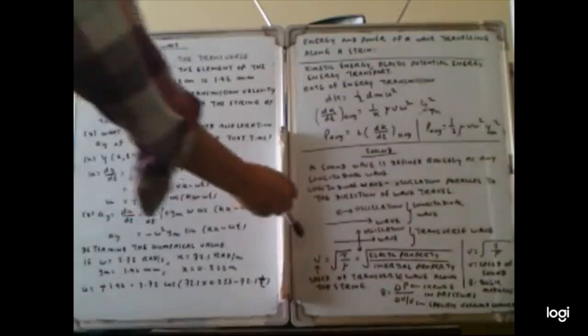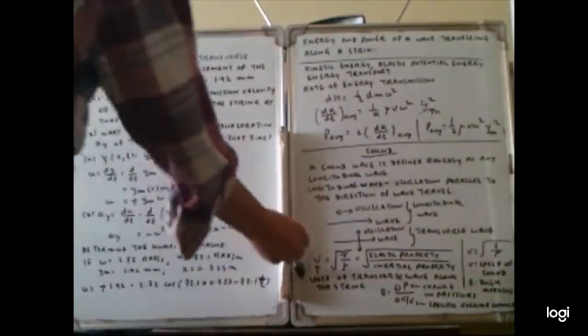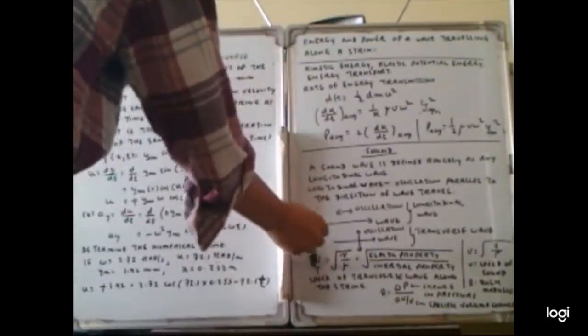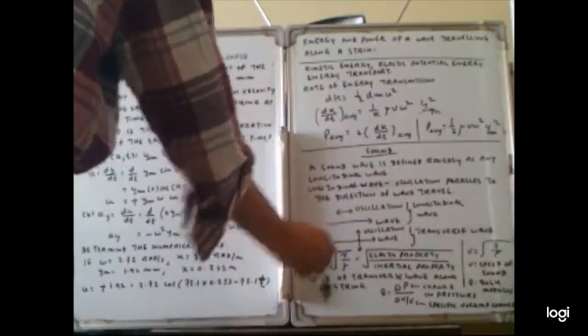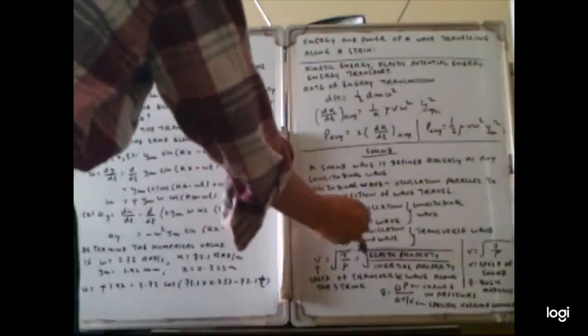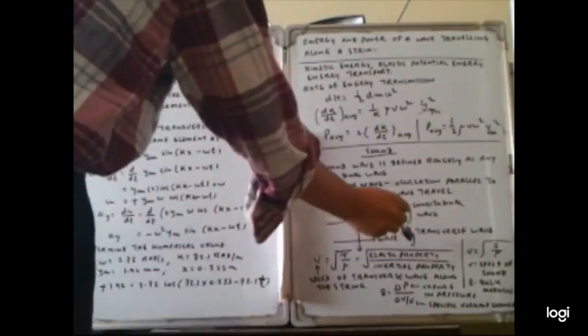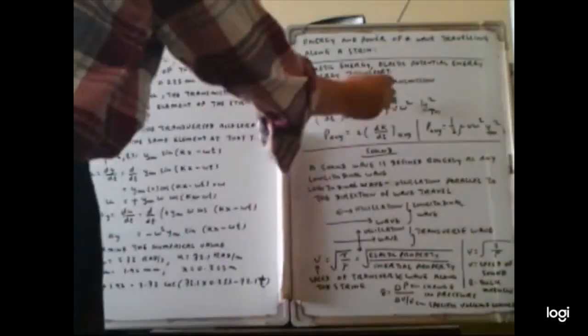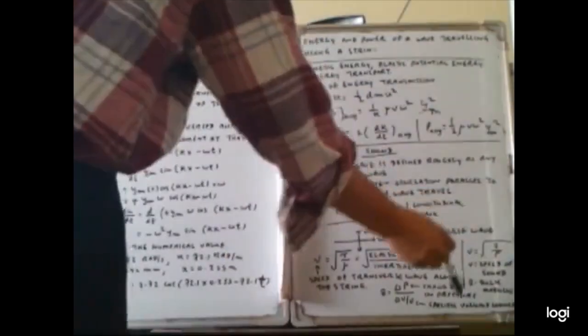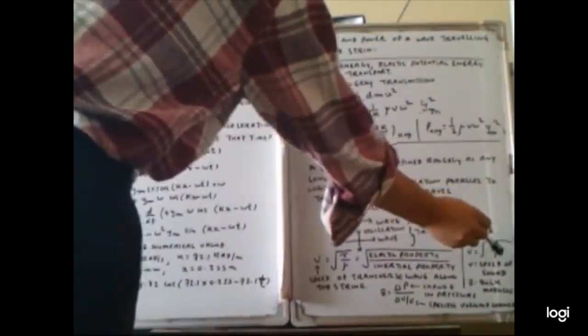So we can calculate the speed of the transverse wave along the string. We can calculate the square root of tau by mu. That is the square root of the elastic property divided by the inertial property. Mu is the inertial property. And we can also calculate the square root of B by rho.